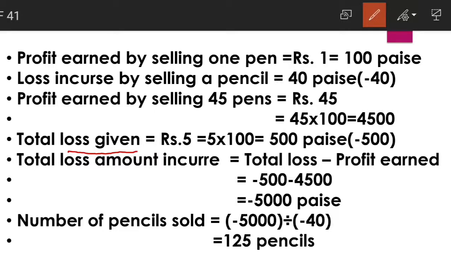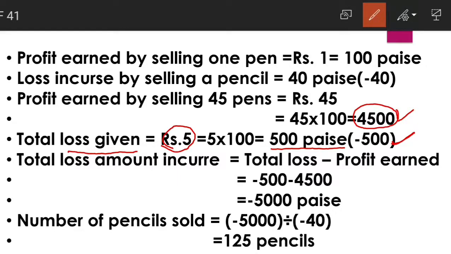So she is getting an overall 5 rupees loss. That means the loss is 5 into 100, that is 500 paise. Loss means minus 500 paise.